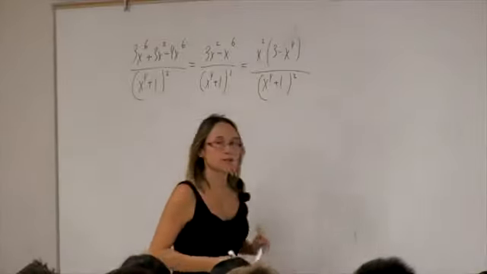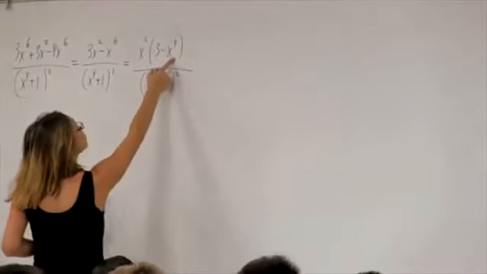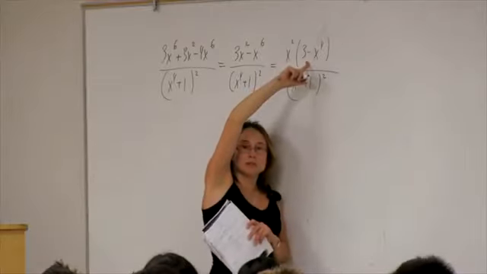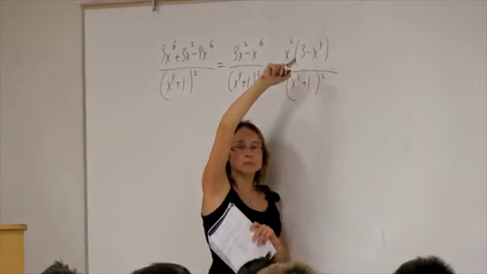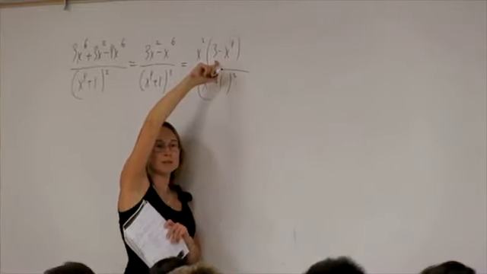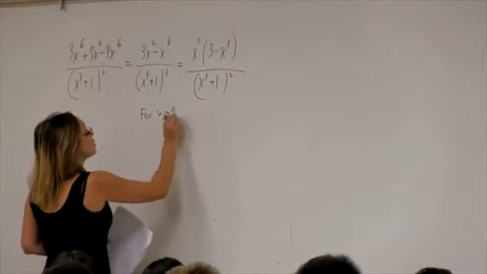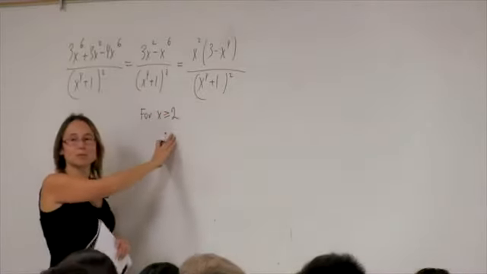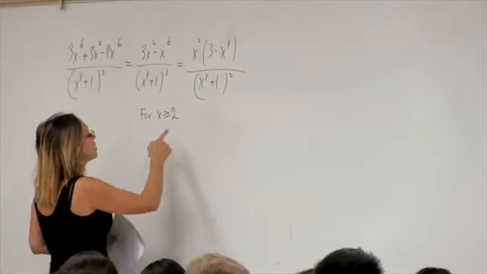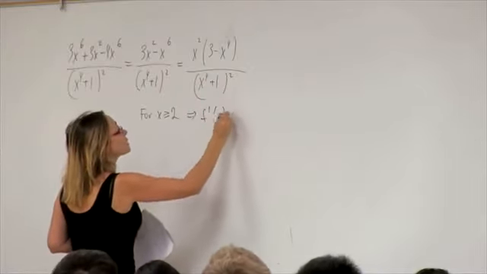This is a simple expression, and its sign depends on the sign of 3 minus x to the 4th. Obviously, when x is equal to 1, this is positive. But starting from 2, you can see that x to the power of 4 is much larger than 3. So for x starting from 2, and I don't care about 1.5, I'm only worried about the integer numbers, if x is greater than or equal to 2, f prime of x is negative.